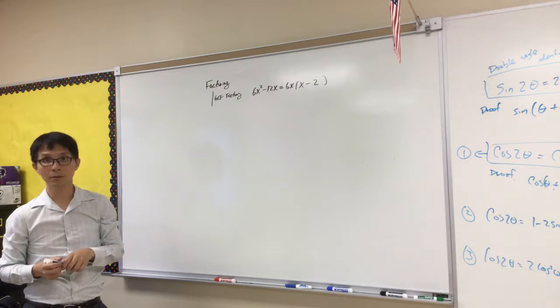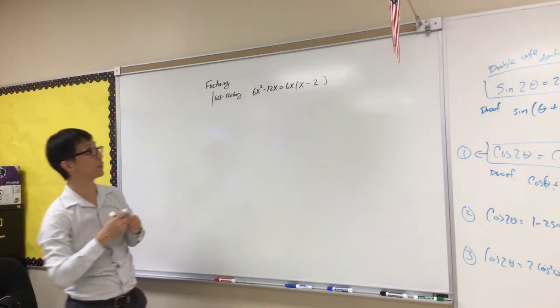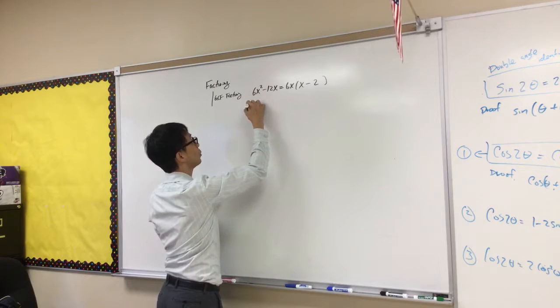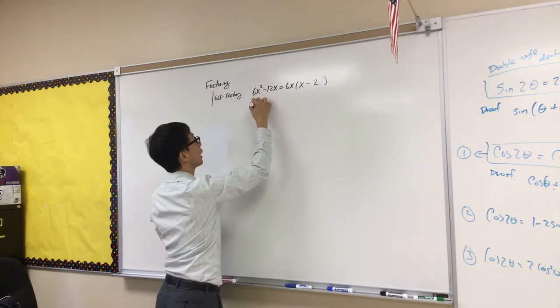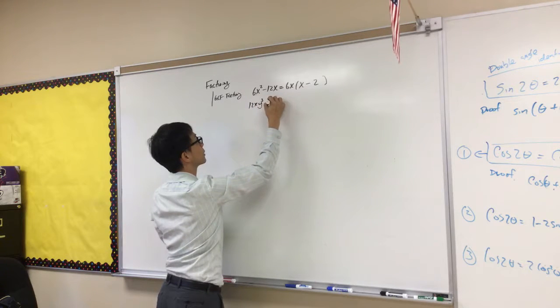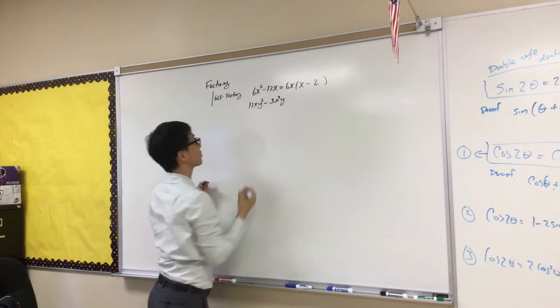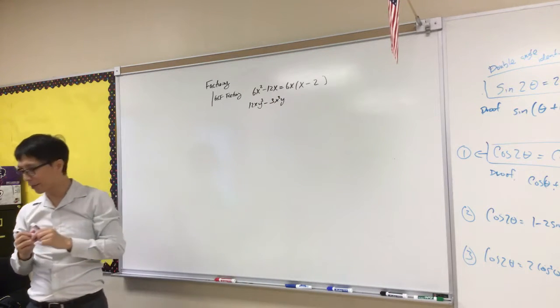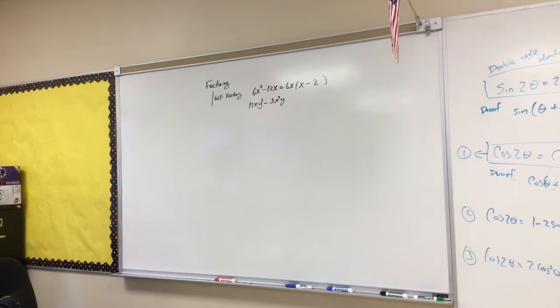Do you guys know this? Okay, let's try a different one. Let's say I have 12xy to the third minus 3x squared y. What can I factor out here? 3, and x, and y.